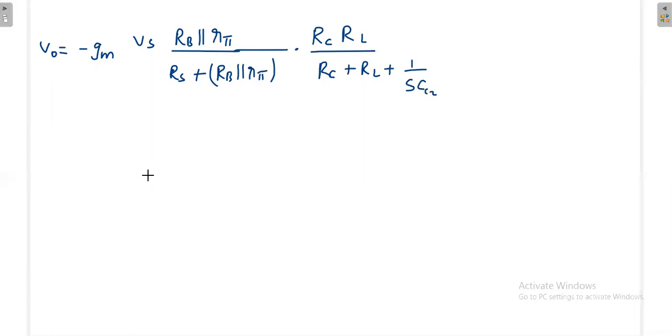Now again we have to make some adjustment. Finally we want the voltage gain AV, which means V naught divided by Vs.